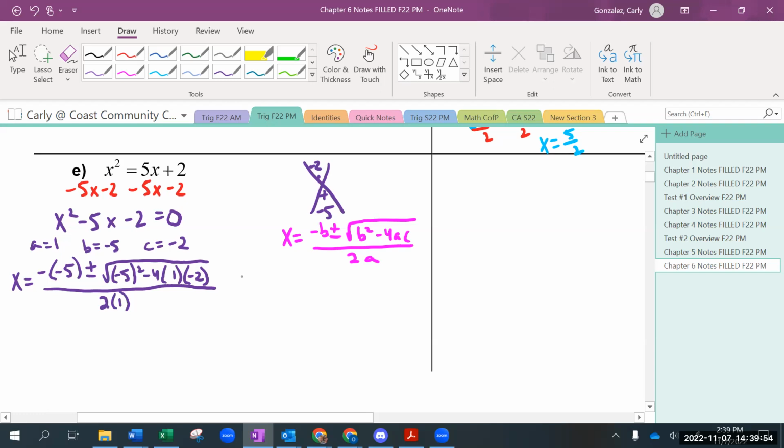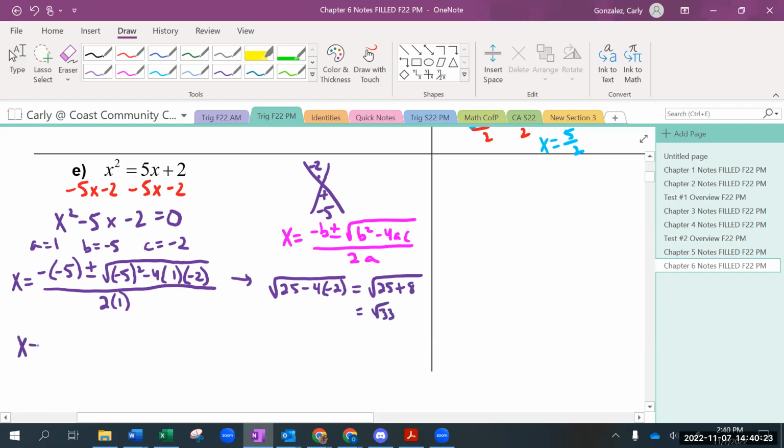For these, I like to take the square root and simplify that first. So -5 squared is 25, and then the minus 4 times 1 is just 4, and then I'll multiply that by -2. That ends up giving me 25 plus 8, since I have this minus 4 times -2, which is the square root of 33.